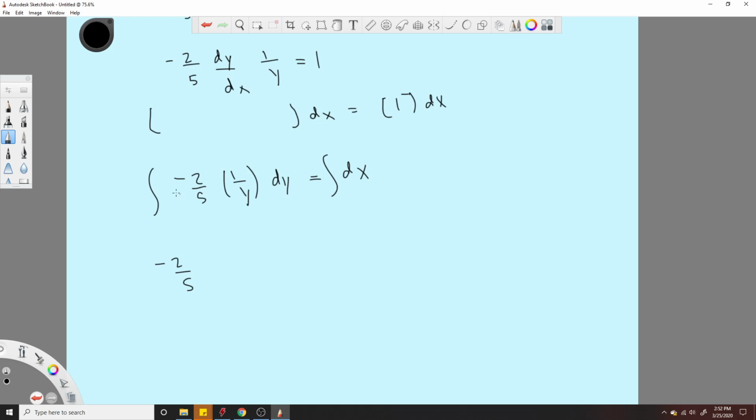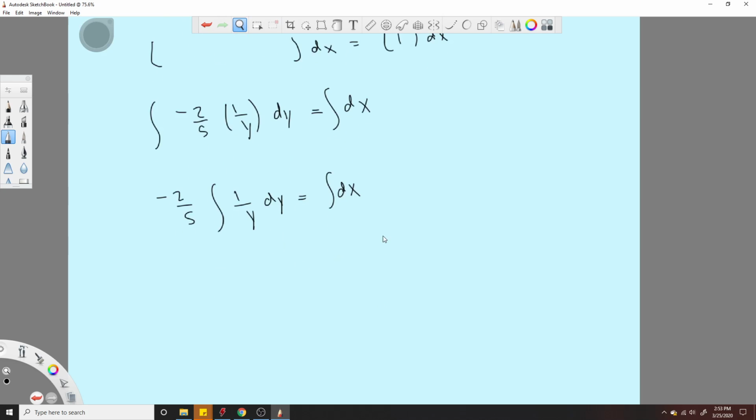So the integral of 1 over y is ln of y, absolute value, plus c1, equals x plus c2.